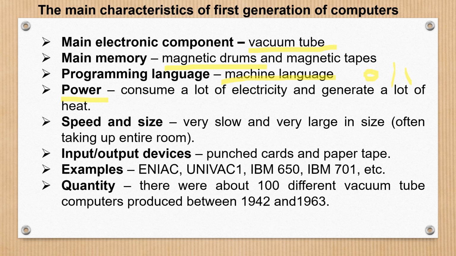Next, the speed and size: the speed is very slow and the size is very large. The input and output devices are, as we have discussed, the punch card and the paper tape. The examples are ENIAC and UNIVAC systems. The quality is, they are about 100 times different vacuum tube computers produced between 1942 to 1960.